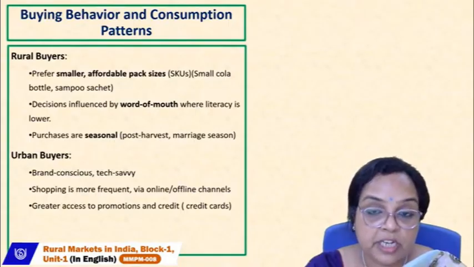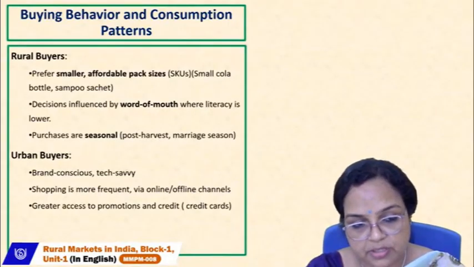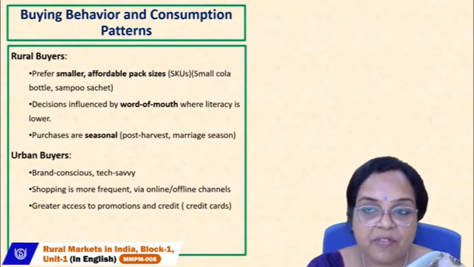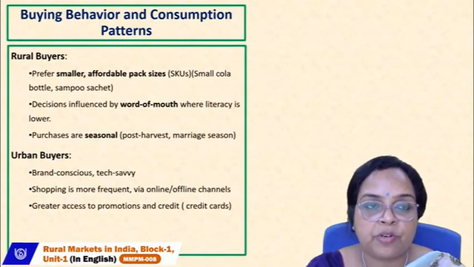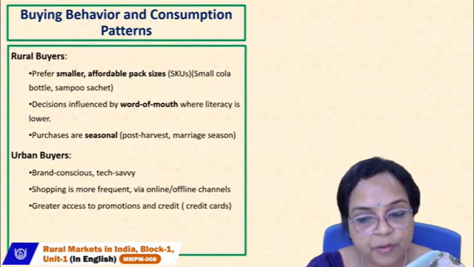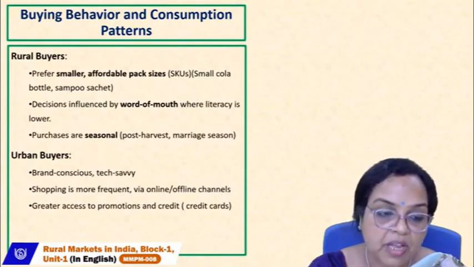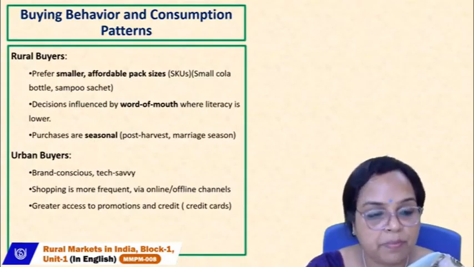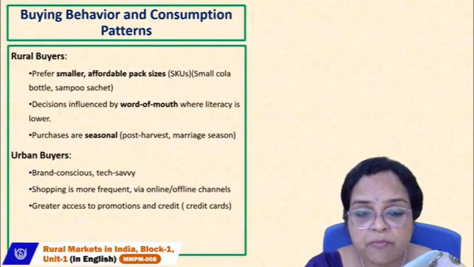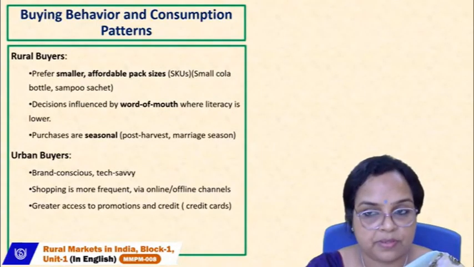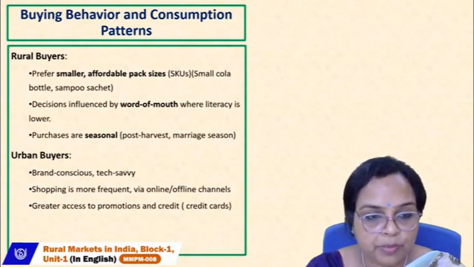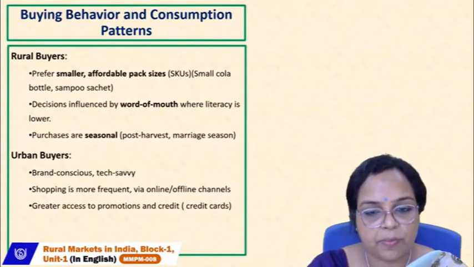Urban buyers are more brand conscious. They are more tech savvy. They have more product awareness due to social platforms, Instagram, product review feedback, the rating system. They have all the knowledge about the product. Shopping is frequent. They are not seasonal shoppers by behavior. If you go to any urban area, you will see people enjoying shopping.